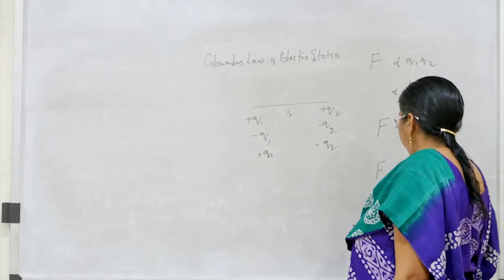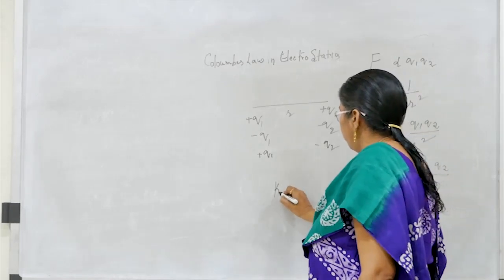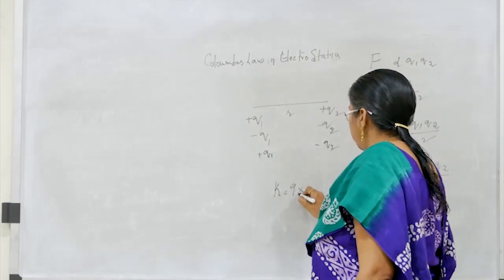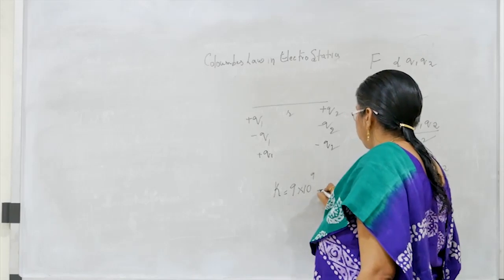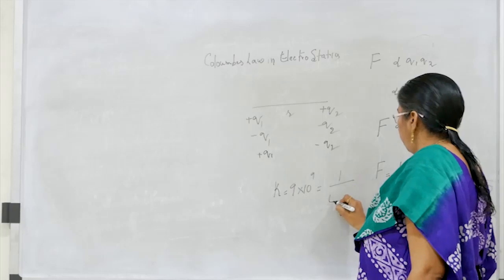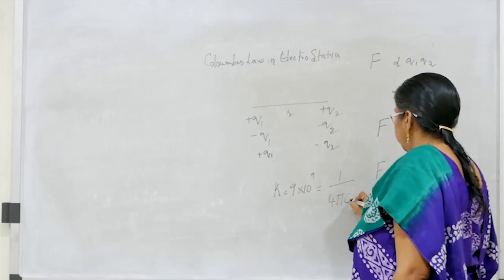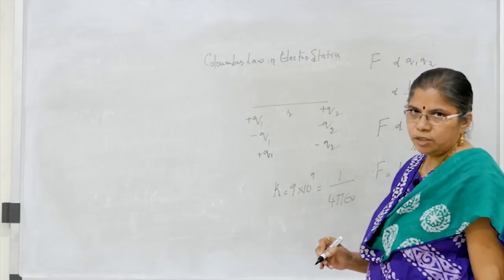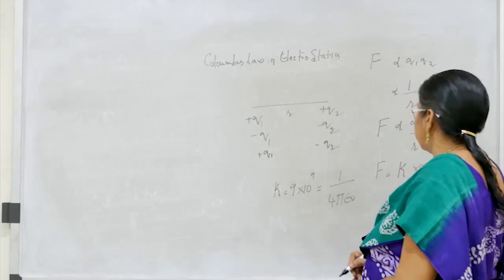The value of k is approximately 9 into 10 power 9, and this value is given by 1 by 4 pi epsilon 0, where epsilon 0 is known as permittivity of free space.